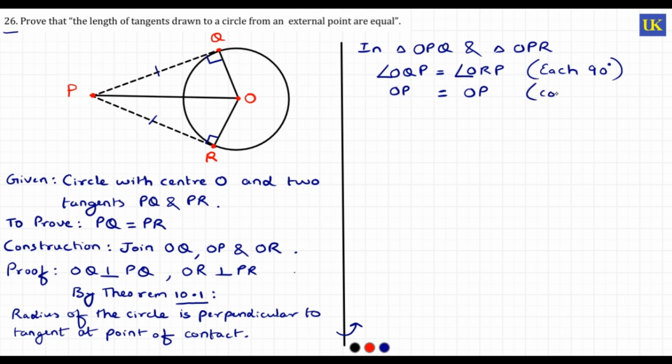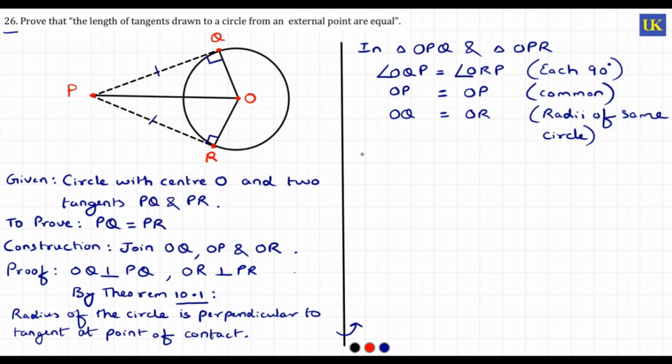Because both the triangles are using the same line, it is common. Then I will say that OQ is equal to OR, because both are radii of the same circle.